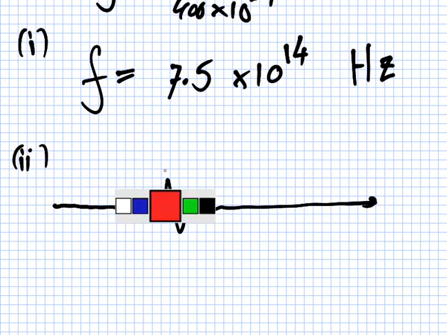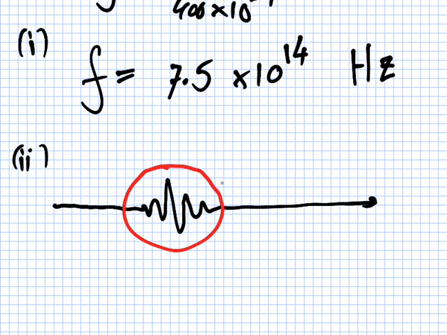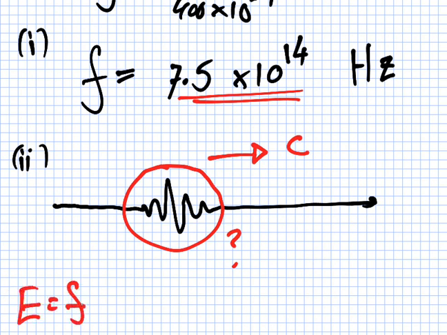Here is my photon of light, and it's moving along at speed c, and its frequency is here. How much energy does this light photon have? Well, the formula is very simple. Its energy is its frequency multiplied by this Planck constant.